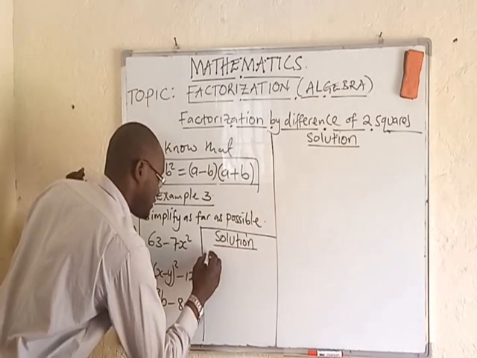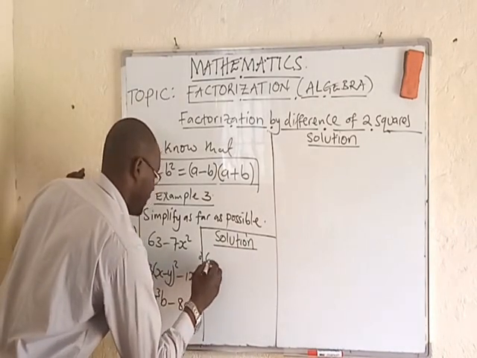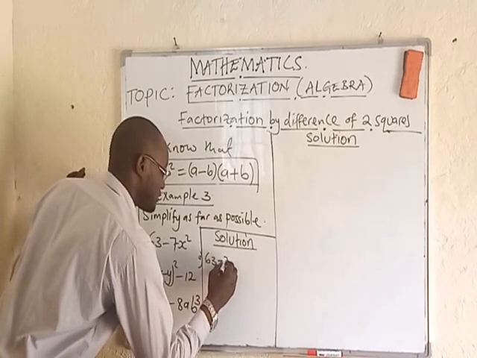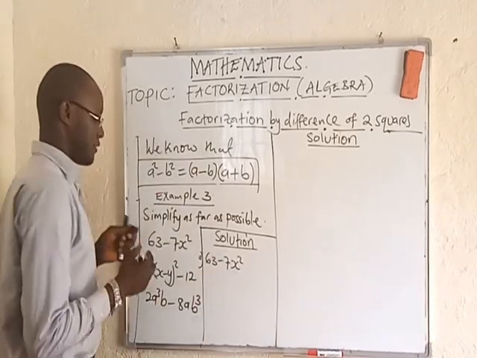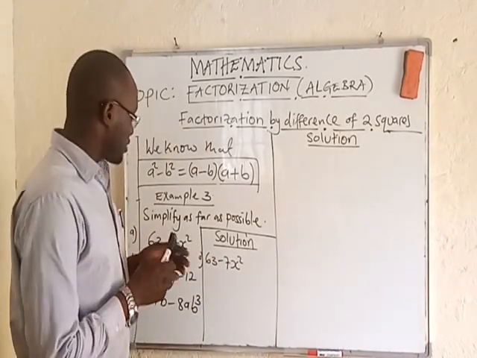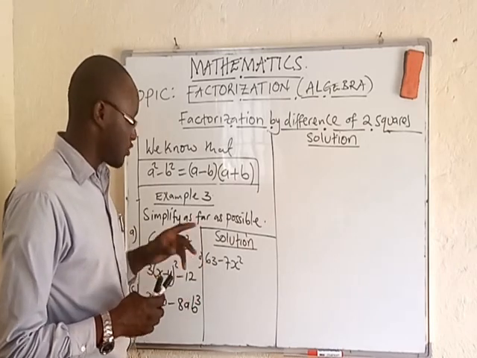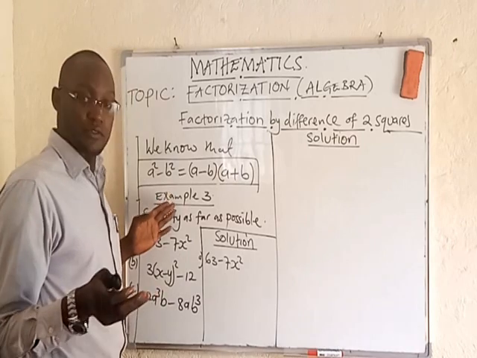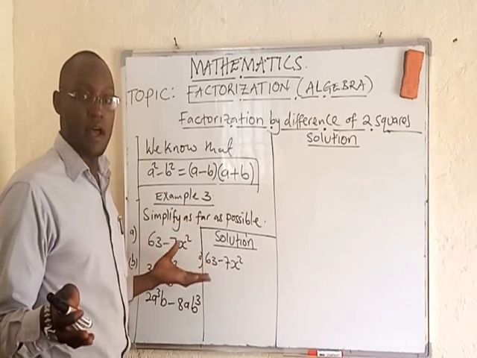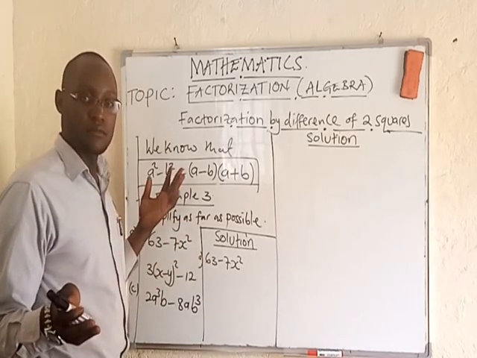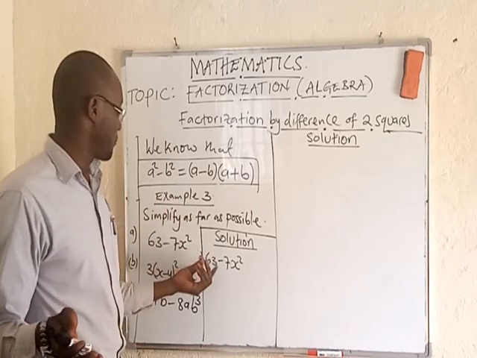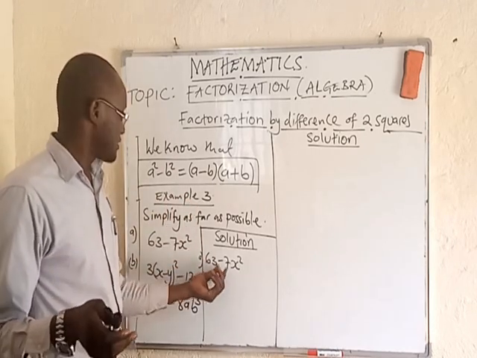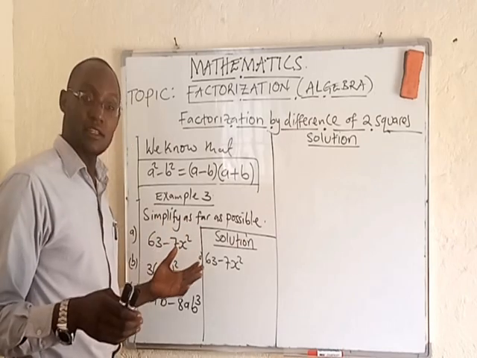So we have 63 for part A: 63 minus 7x squared. By observation, there is no way we can make 63 a square. It's not a square number. And for 7, there is no way we can make it a square.